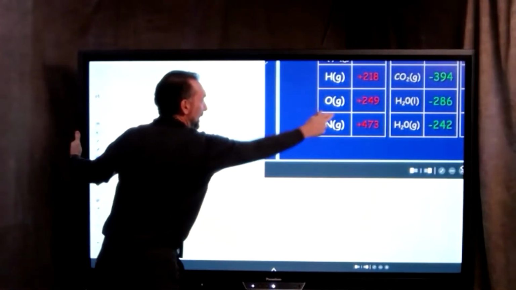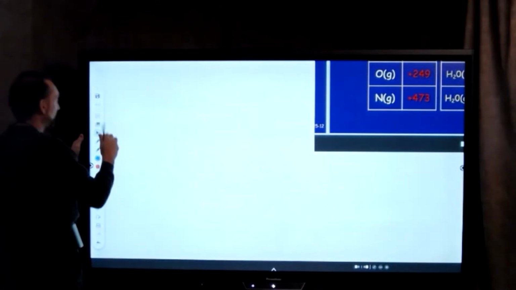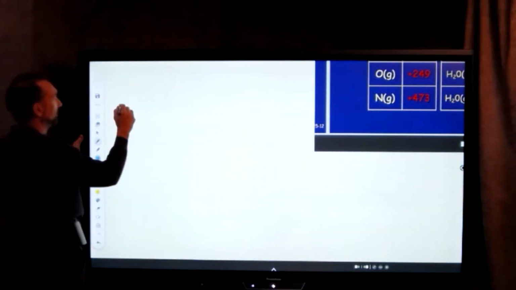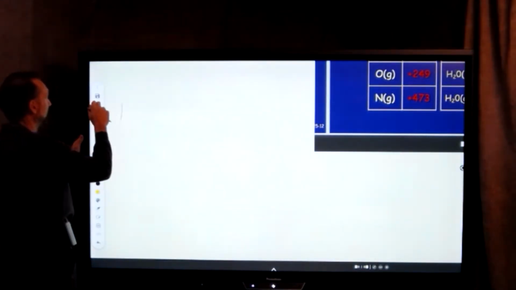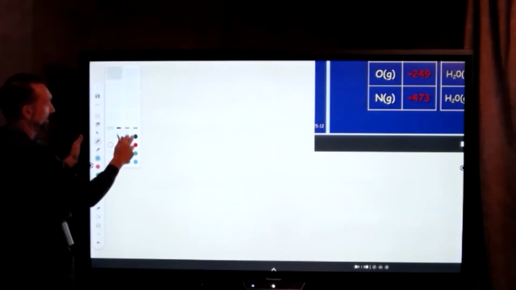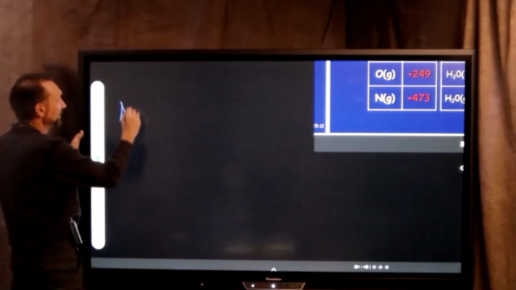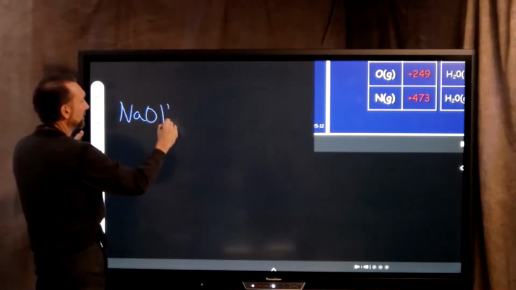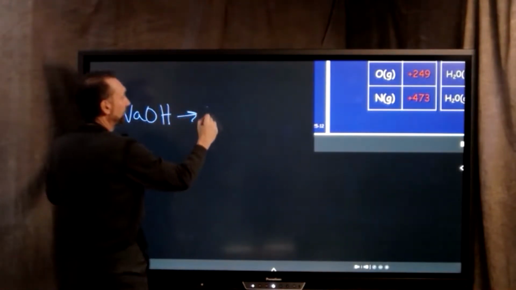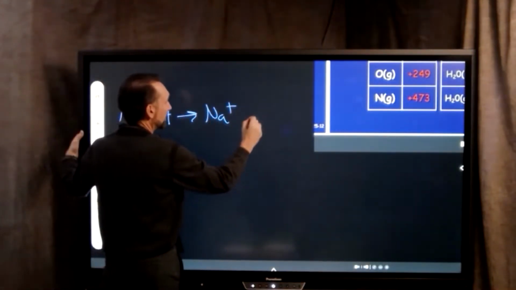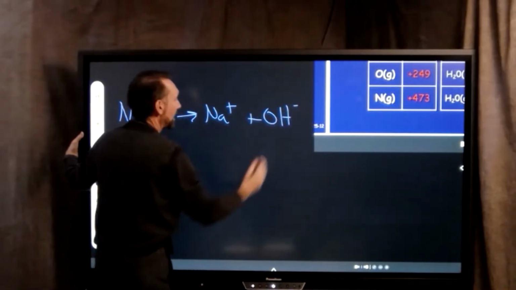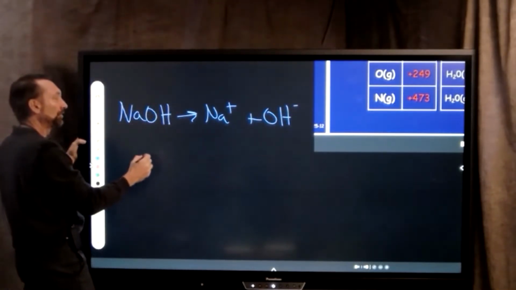That's like double annotate. So what we had is we had the sodium hydroxide, and black screen is better as we recall. We had sodium hydroxide dissolving in water to form the Na plus and the OH minus ions, and that cooled off.